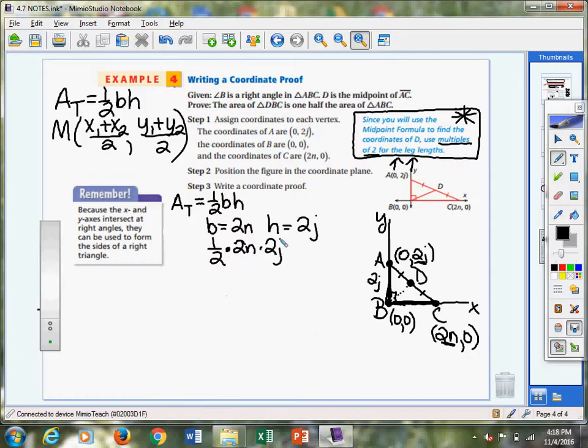If we do this part first, you take half of 2n, that's just n, times 2j, or in other words, 2jn, or 2nj. Whatever you want to call that. I usually go alphabetically. Your book did it a little bit differently.